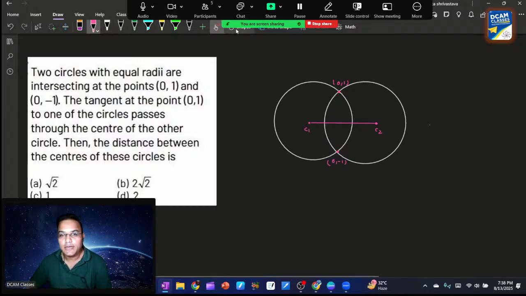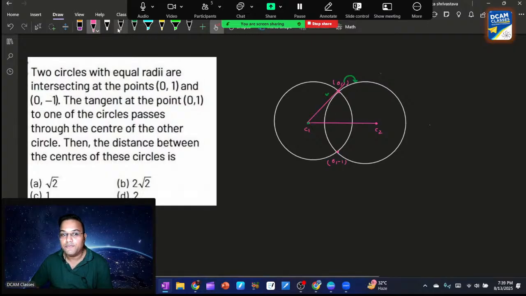See, one important condition is if the tangent to one circle passes through the center of the other circle. Let's say this tangent, the tangent that I have drawn, is the tangent to this circle. This tangent is passing through the center. That means what? And they are intersecting. That means what?